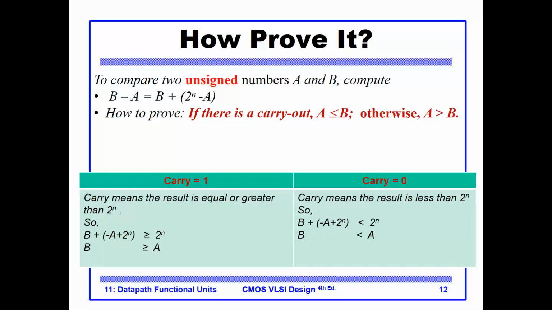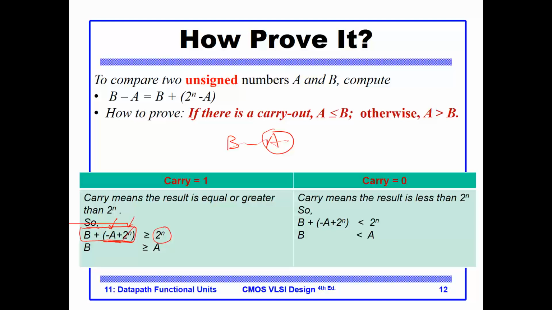Basically, when we do the subtraction for b minus a, implementing the minus a is done in 2's complement, and the 2's complement is by flipping the bits and adding, or subtracting, I should say, the a from 2 to the n. If you have a carry, it means your result really is greater than 2 to the n.